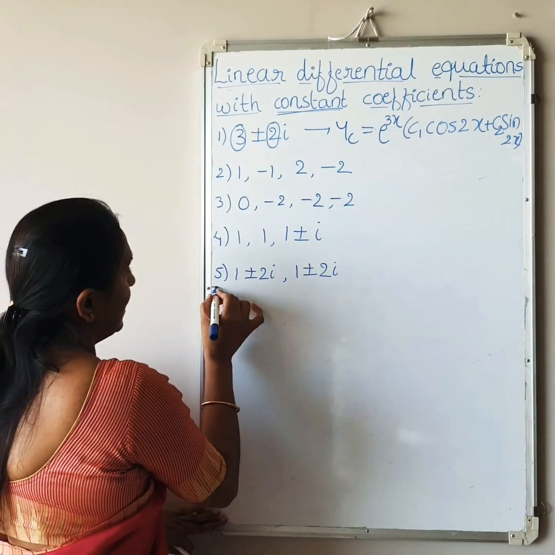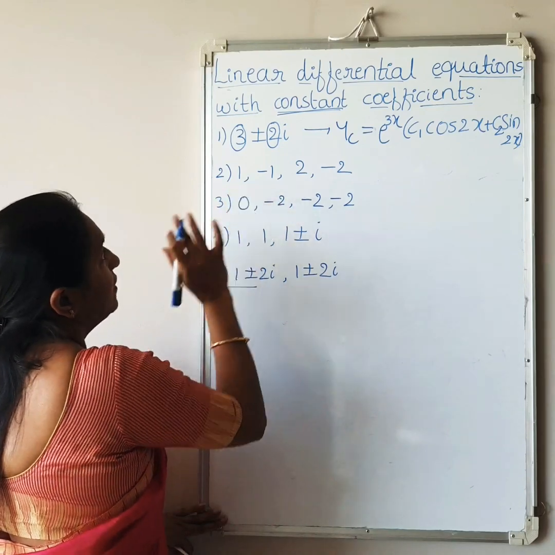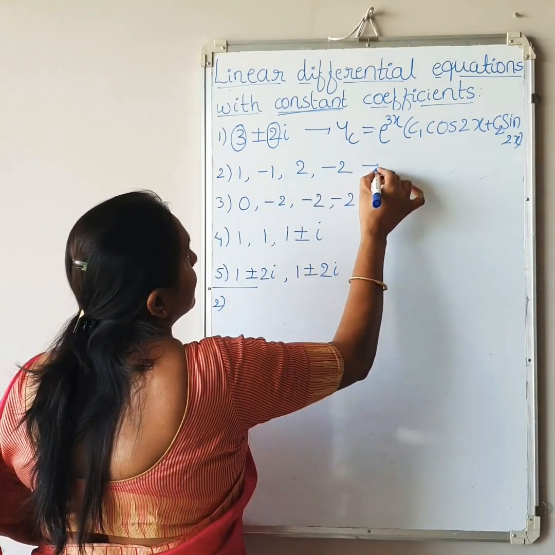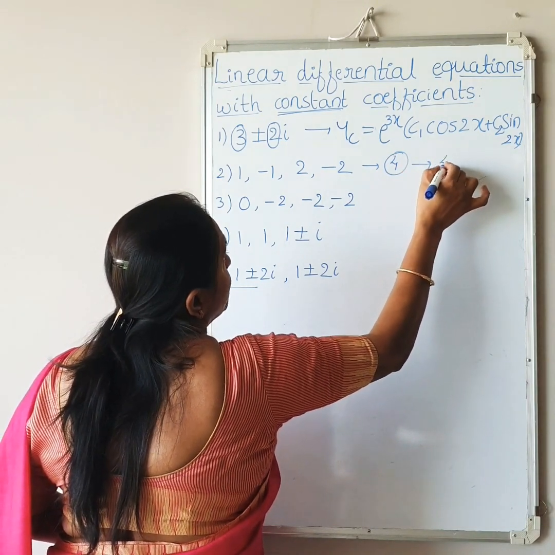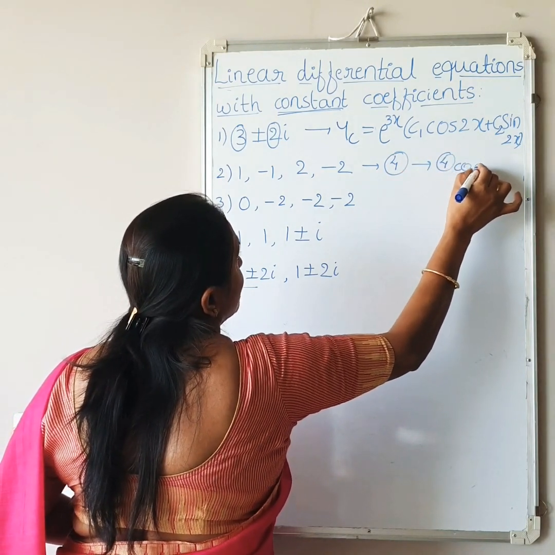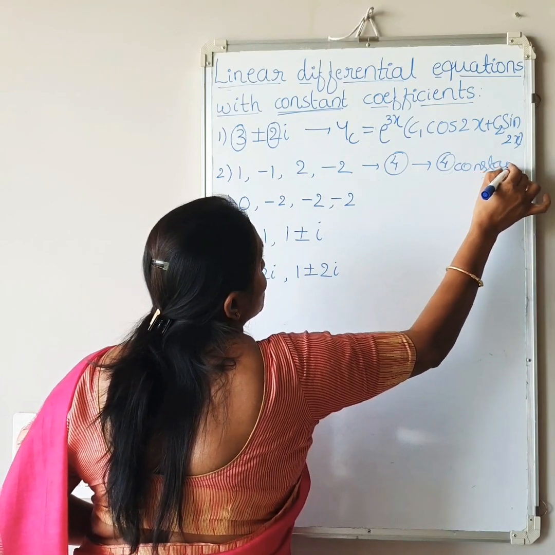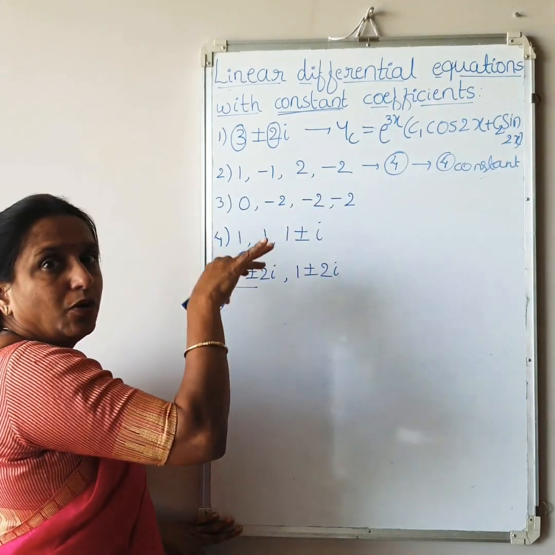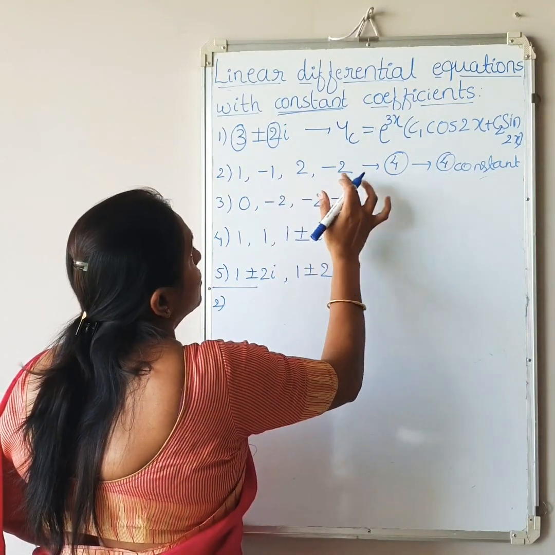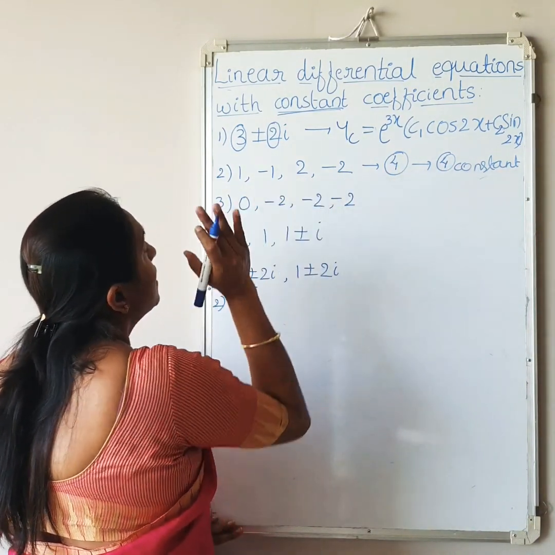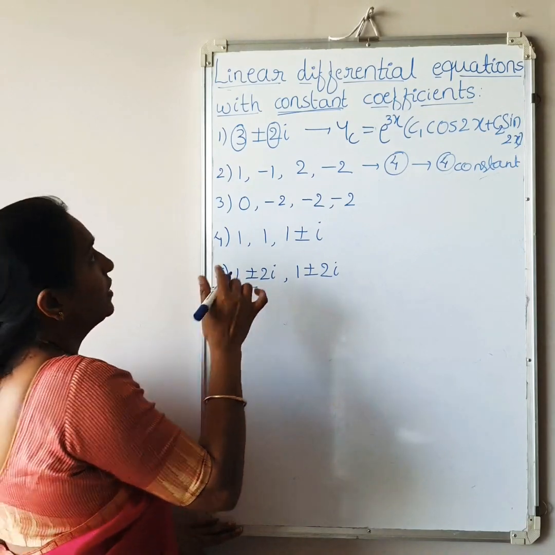And the second one, I will write the solutions here. How many roots are there? There are 4 roots, so you have to put 4 constants. You have to decide that when you solve the example, based on how many roots you get. So there are 4 roots, and 4 constants will be there. What is the nature of the roots?